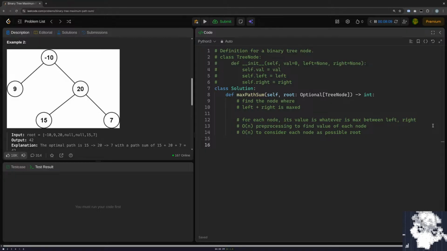Yeah, this is like a classic dynamic programming thing, it seems like, where I'm just trying to think, how am I going to store the values of the nodes? Maybe I'll just have a dictionary. So values is a dictionary.